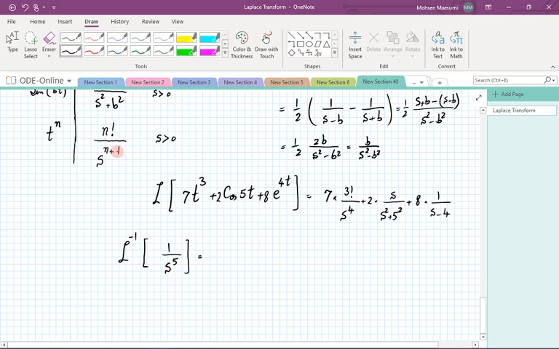Well, s to the power of 5 means I must have started with t to the power of 4. But t to the power of 4 leads to a 4 factorial, which is 24, showing up in the numerator. So if it is not showing up here, I need to divide this function by that factorial to make my work correct. So we can write it as t to the power of 4 over, say, 24.